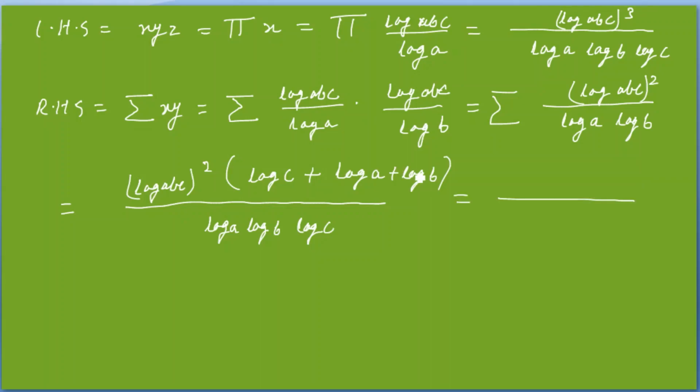Log a plus log b plus log c is equal to log abc.